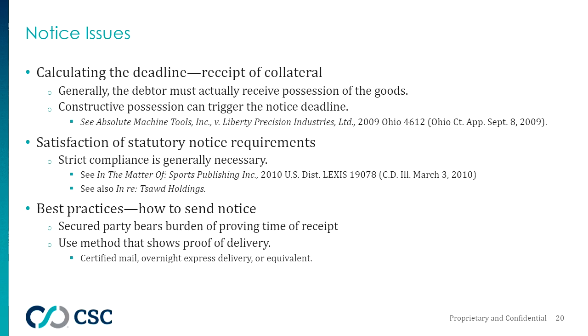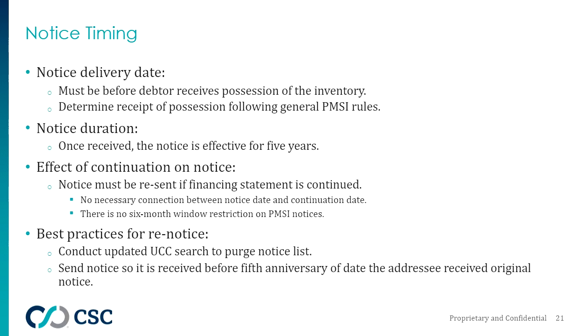It may very well have, but if the secured party can't prove it, they're missing an element necessary to get purchase money priority. And if they can't prove it, it may cost them dearly. As far as the timing goes, again, that has to get there before the debtor receives possession of the collateral.